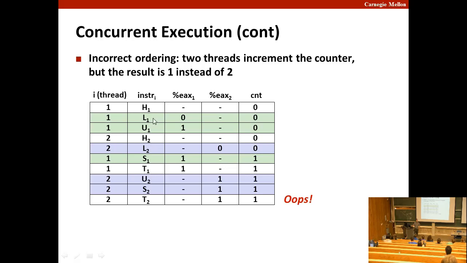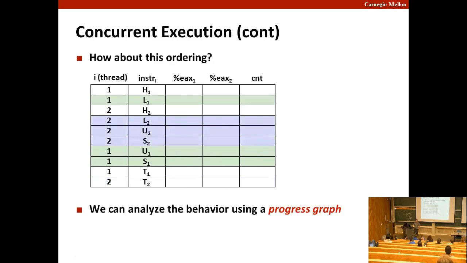This load and this load are concurrent. They're reading the same value. Unfortunately, this one's going to update and store, and this one's going to update and store. They both updated to the same value.